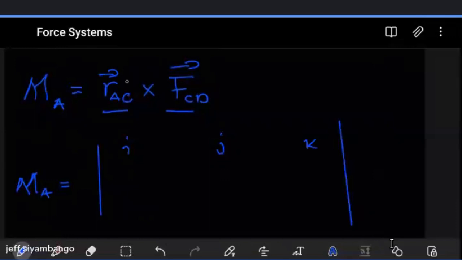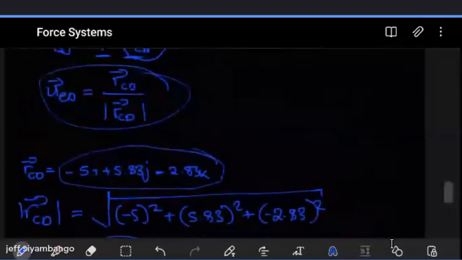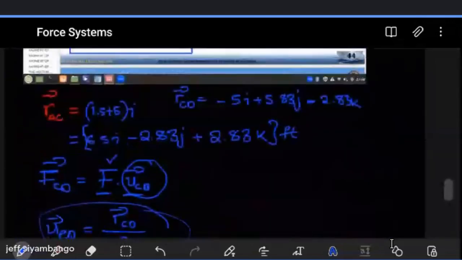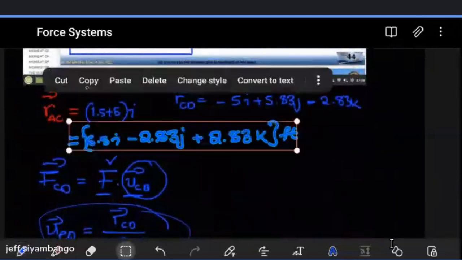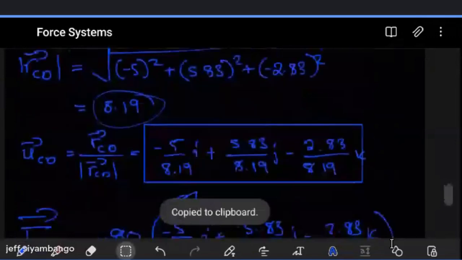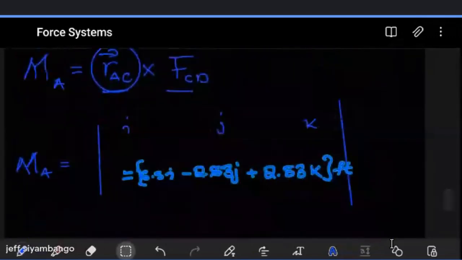What comes first is the position vector RAC, and RAC was this one here. So I'm just going to get this, and this is what is coming here. So this is my RAC.